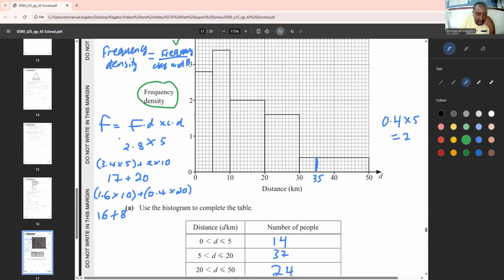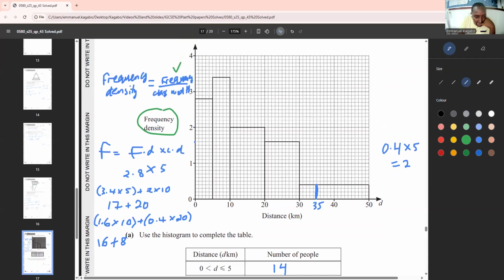Now, from the formula here, if I'm looking for frequency, I'll get this times that. You get that? Frequency is frequency density times class width, and this is 2.8 times the class width.